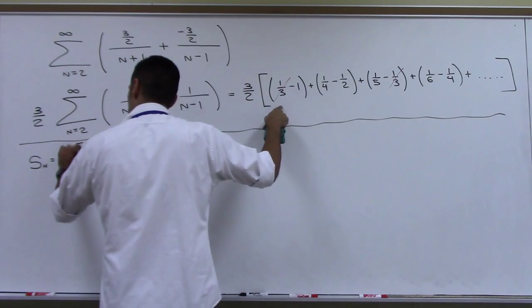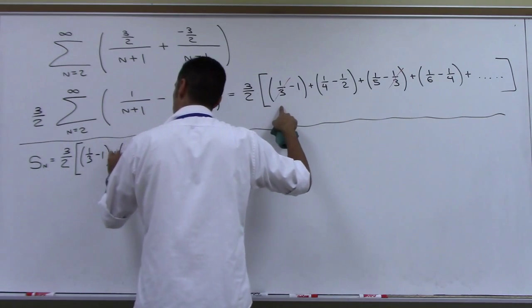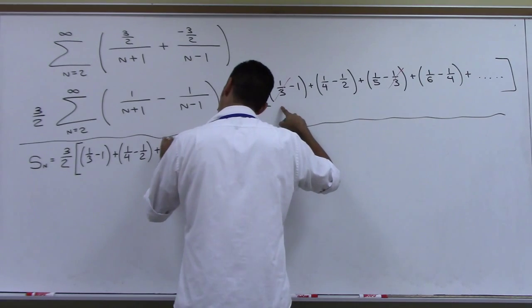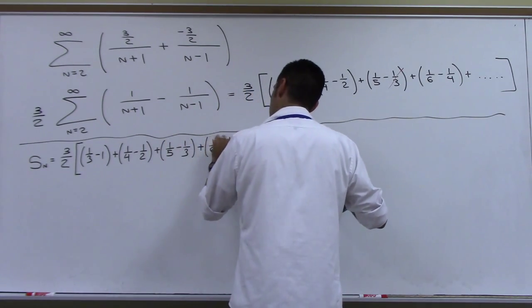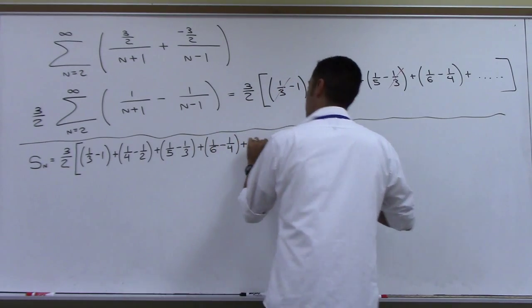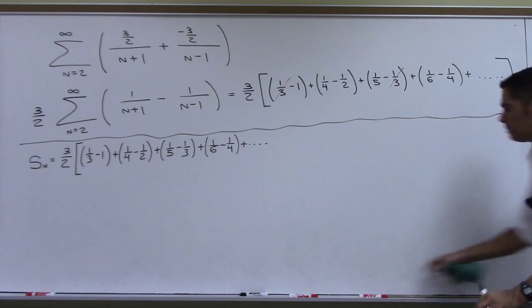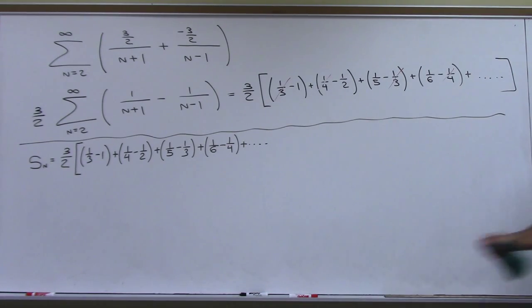So 1/3 minus 1 plus 1/4 minus 1/2 plus 1/5 minus 1/3 plus 1/6 minus 1/4 plus, I think that'll be enough. I get 2 cancellations in there, don't I? I have 2 of them right there. So that should be enough for me to pick up the pattern, hopefully.